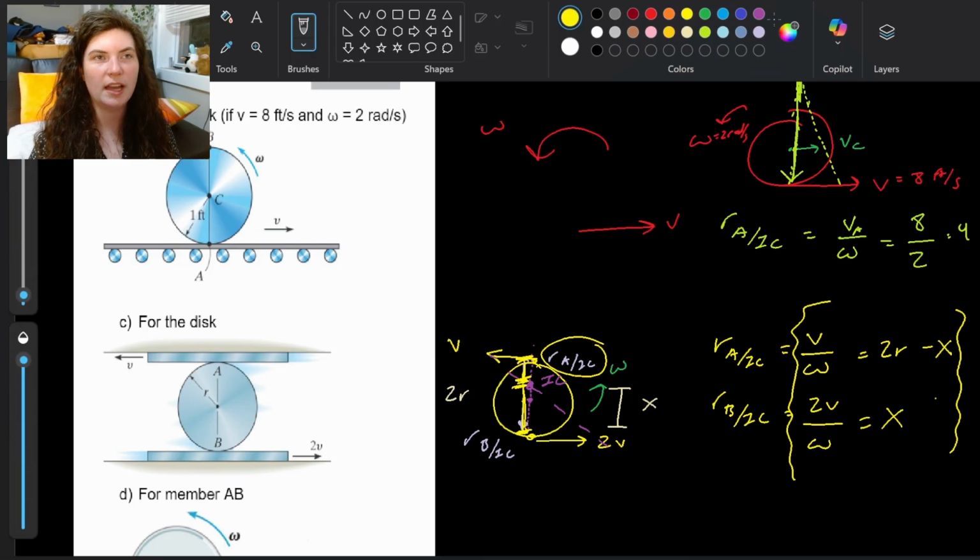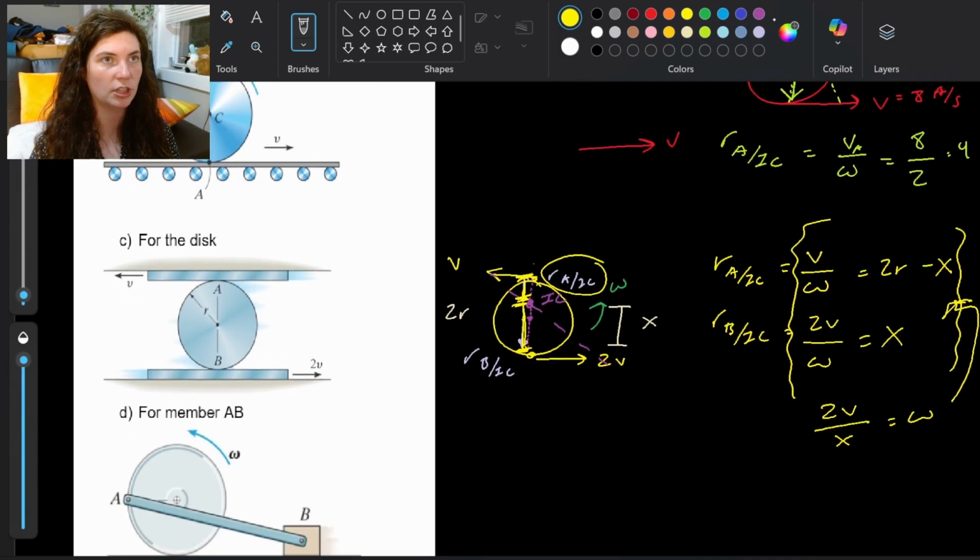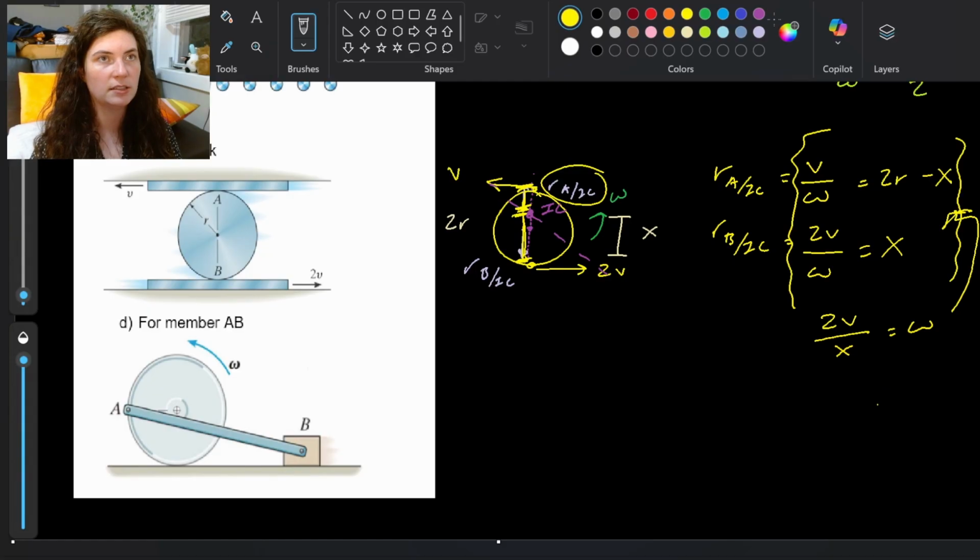So since I don't know omega, I think it's going to be a little bit easier for me to rearrange so that I can solve for omega and do a substitution. I'm going to take the second equation here and rewrite it as 2v over x equals omega, and then plug it into the top equation relationship so that I get v over, it's going to be kind of a gross fraction, 2v over x equals 2r minus x.